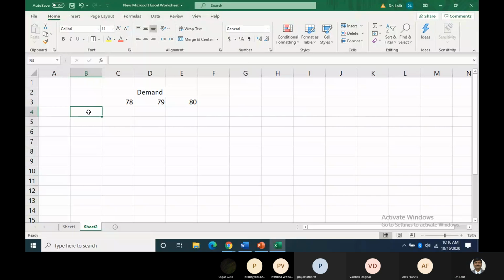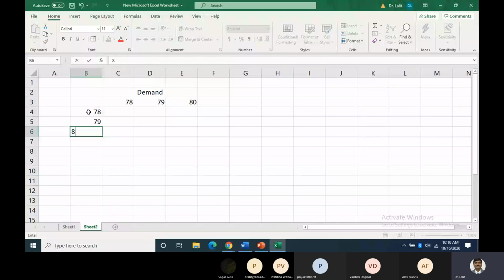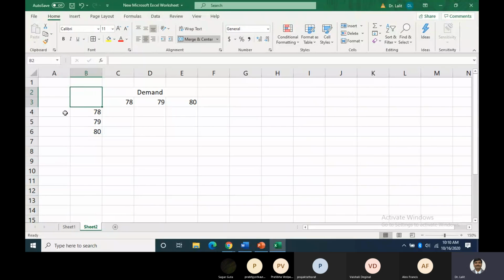Okay. See, it is illogical to manufacture less than 78 bottles or more than 80 bottles. Correct, na? So 78 मैन्युफैक्चर करेगा या 79 मैन्युफैक्चर करेगा, 80 मैन्युफैक्चर करेगा. ओके, सो ये क्या हो गया? These are acts.